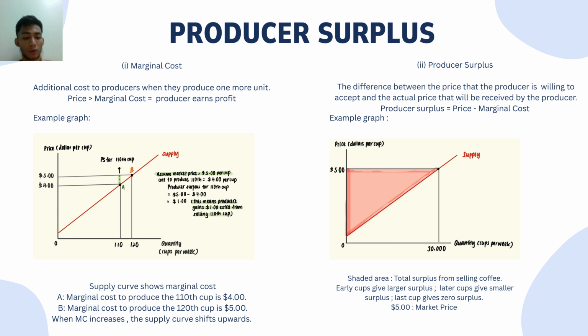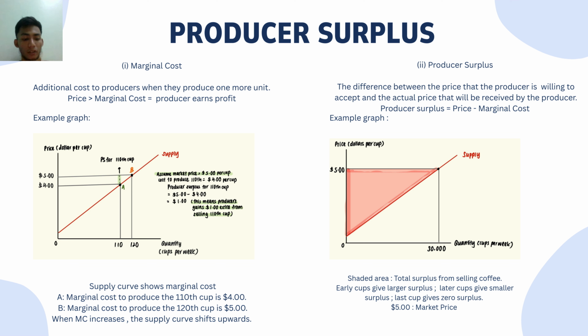For example, at point A, the marginal cost of producing the 110th cup is $4. At point B, the marginal cost of producing the 120th cup rises to $5. Assuming the market price is $5 per cup, producers will continue producing as long as price is greater than or equal to marginal cost.